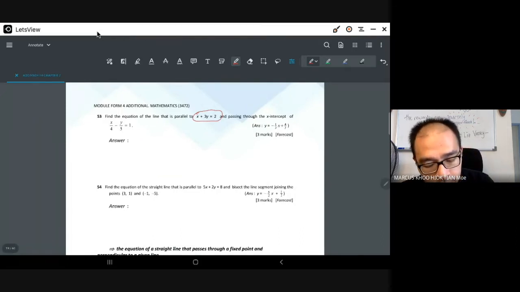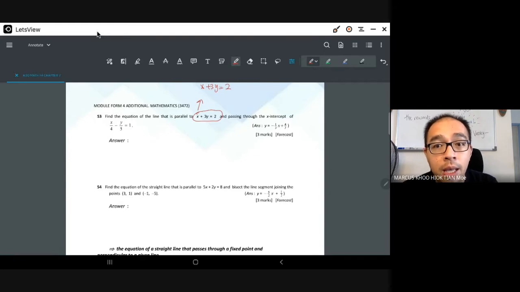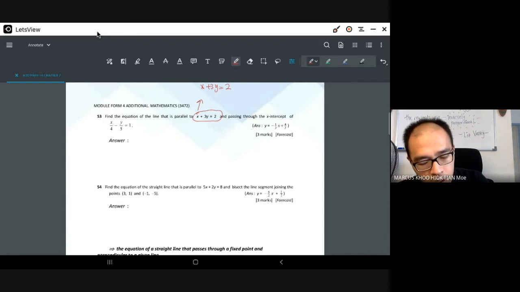So if same gradient, let's find the gradient here first. x plus 3y equals 2. How do I find the gradient? I will have to change it to y equals mx plus c, right? So 3y equals 2 minus x, and so y equals 2 over 3 minus x over 3, or y equals 2 over 3 minus 1 over 3x.